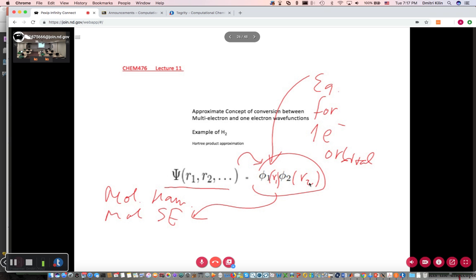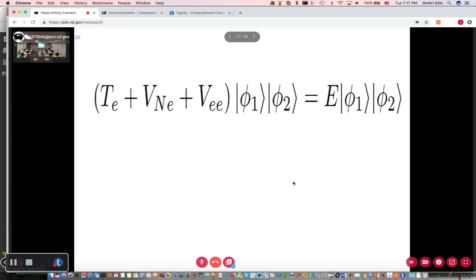But we do need equations for these phi 1 and phi 2 wave functions. Of course, except for the H2 molecule, there are not very many molecules where we have 2 electrons. It's not a good example for the general case, but we need to start from something simple.